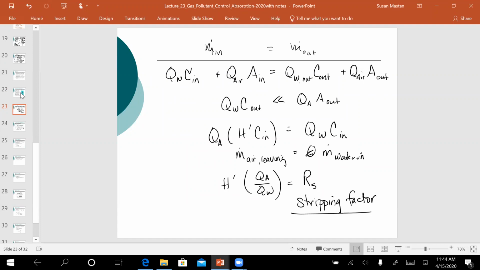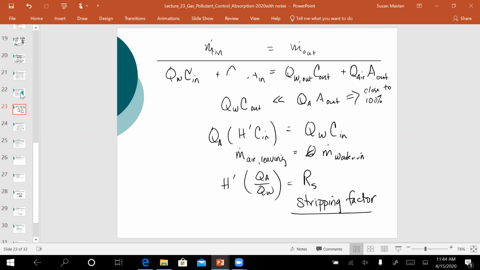Now, if we have no contaminant in our initial airstream, then this term is zero. And what we're assuming here is close to 100% efficiency.